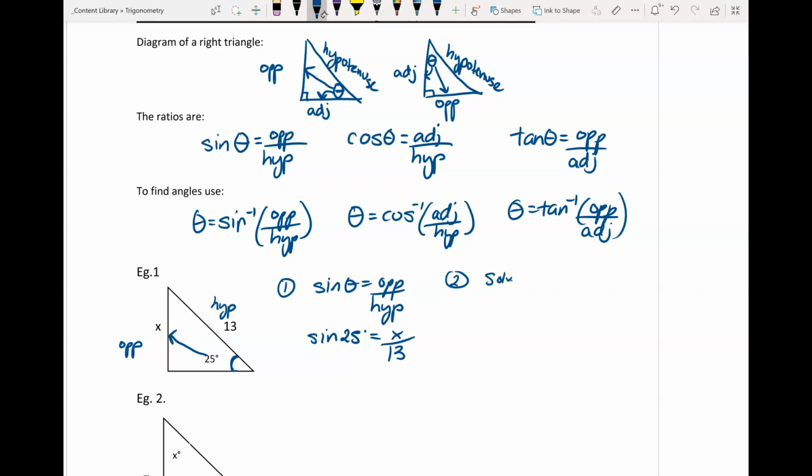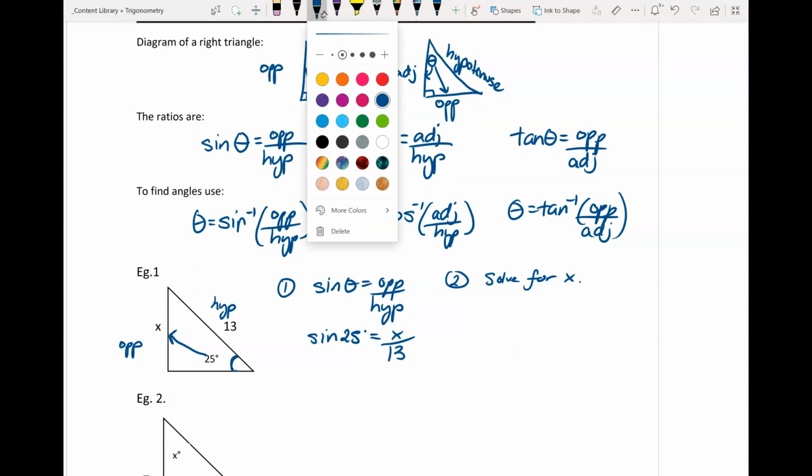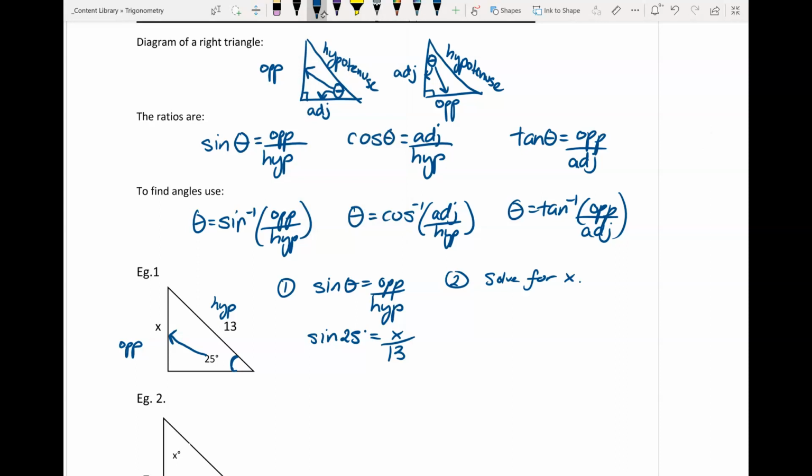In other words, I want to isolate x by itself. Right now I have this divide by 13, and to get rid of that I just need to do the opposite operation of divide, which is multiply. So here I'm going to multiply both sides by 13.